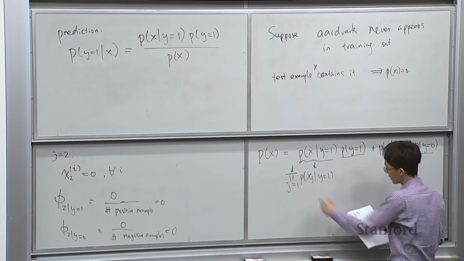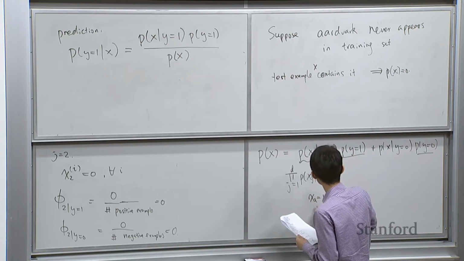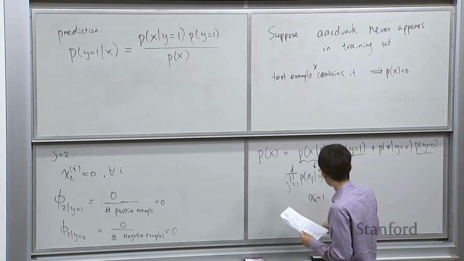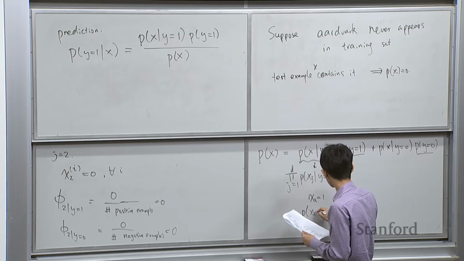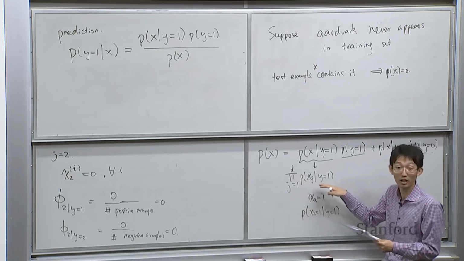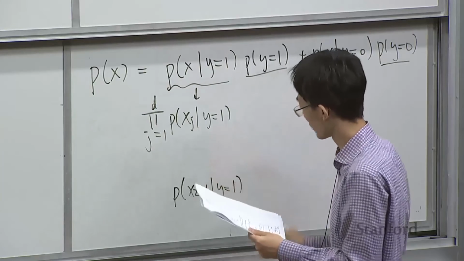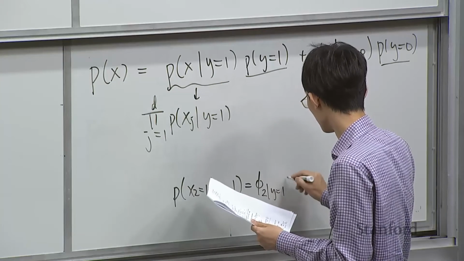Right? And now I know that my x2 is 1 because this word does show up in this email. And that means you're going to have p of x2 equals 1 given y is 1 as the second term in this product. Right? So you're going to have this term show up in this product. But this one is equal to phi 2 y is 1, which is equal to 0.